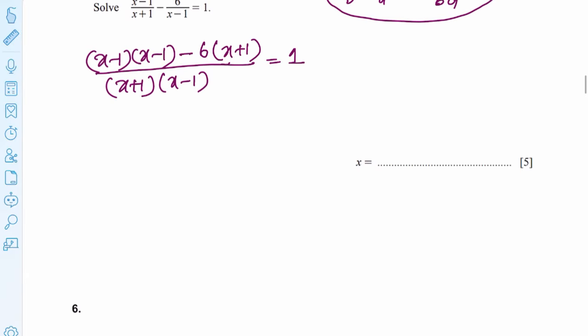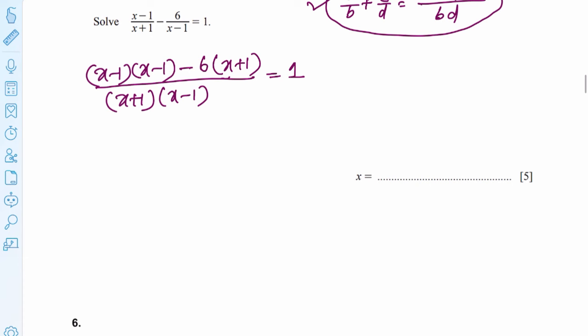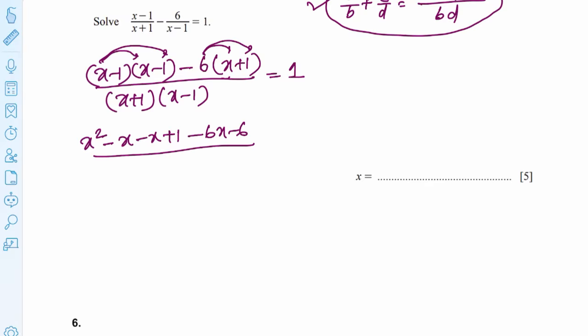In the numerator we'll expand these brackets, so it will be like this: x times x is x squared, x times minus 1 is minus x, then minus x plus 1. Be careful, this is minus 6x minus 6. In the denominator, if you remember the formula, a plus b times a minus b equals a squared minus b squared, or you can simply expand this bracket, your choice, right?